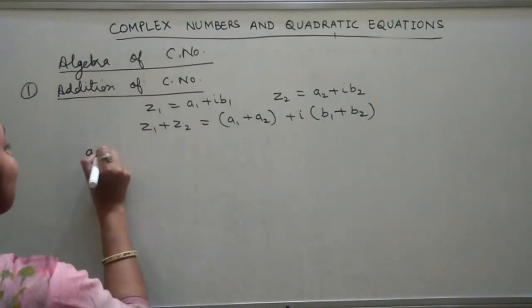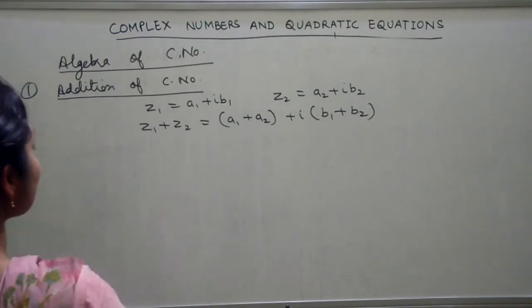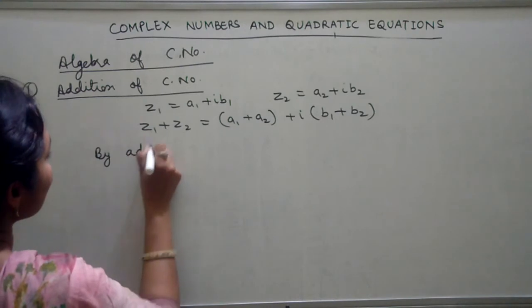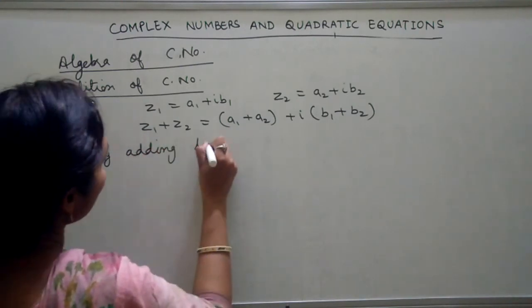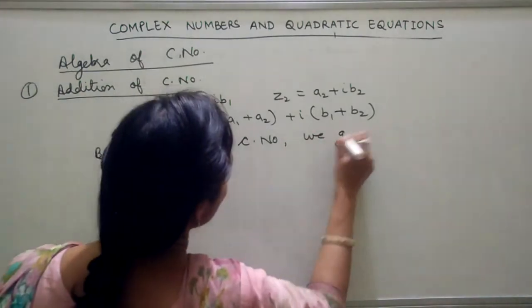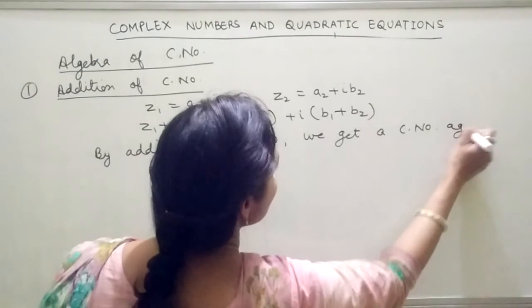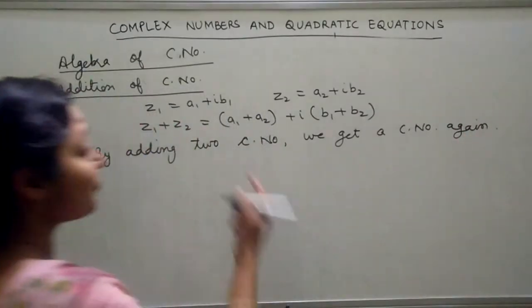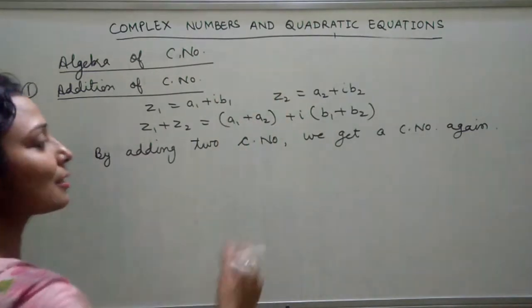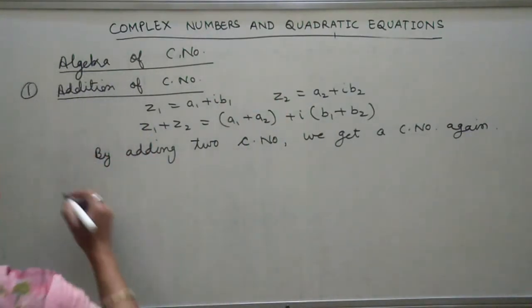By adding two complex numbers we get a complex number again. If there is a negative sign, it will be cancelled and we can write it as 0 iota, that is purely real. We get a complex number again.